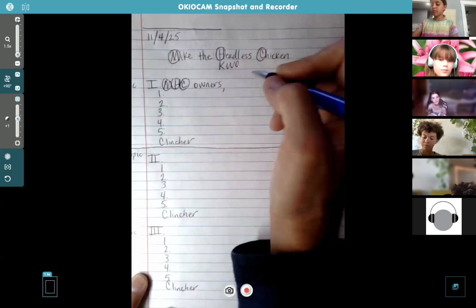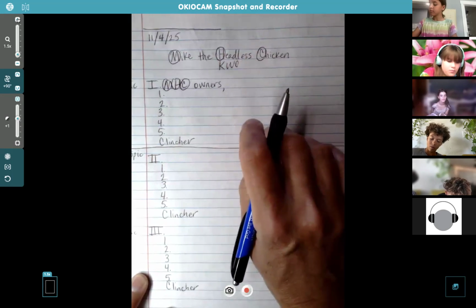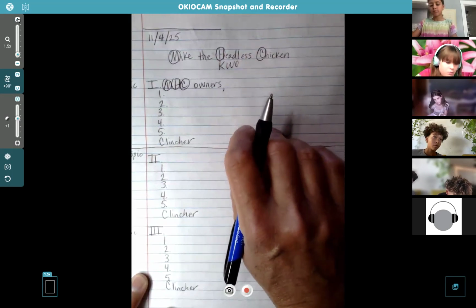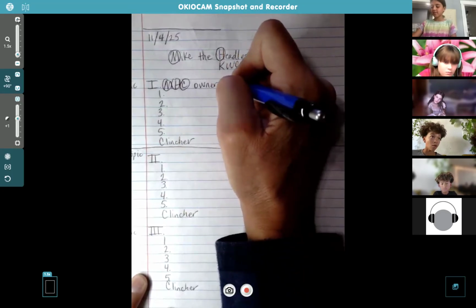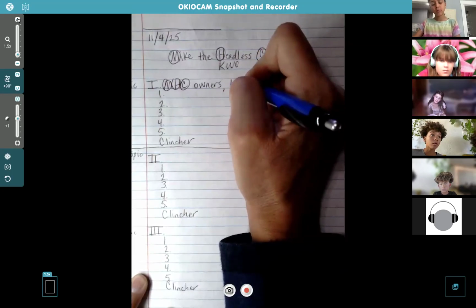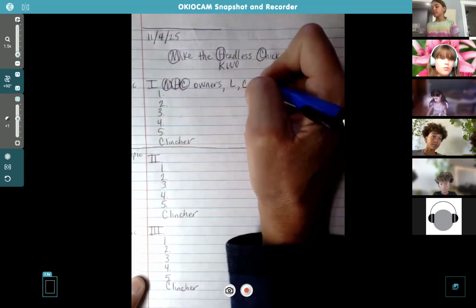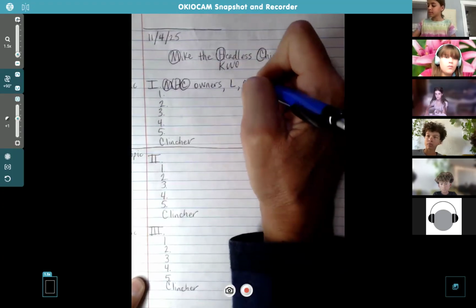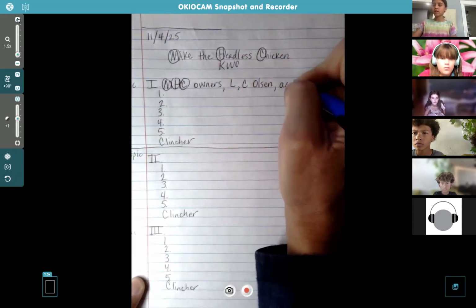I'm going to put Lloyd the Green Ninja from Ninjago. I'm gonna put L and C. That's gonna stand for Lloyd and Clara, or Carla. I guess her name is Carla, and then Olson is their last name. And then I'm going to put accident.